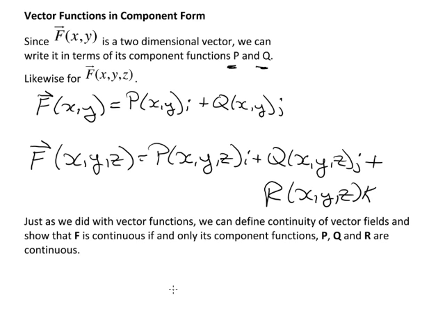Now just as we did with vector functions, we can define continuity of vector fields and show that F is continuous if and only if the component functions P, Q, and R are continuous. So if we have continuity in the component functions, then the vector function is also going to be continuous.